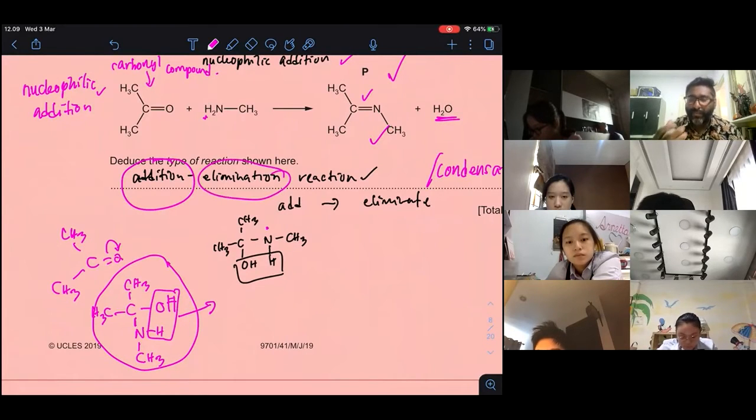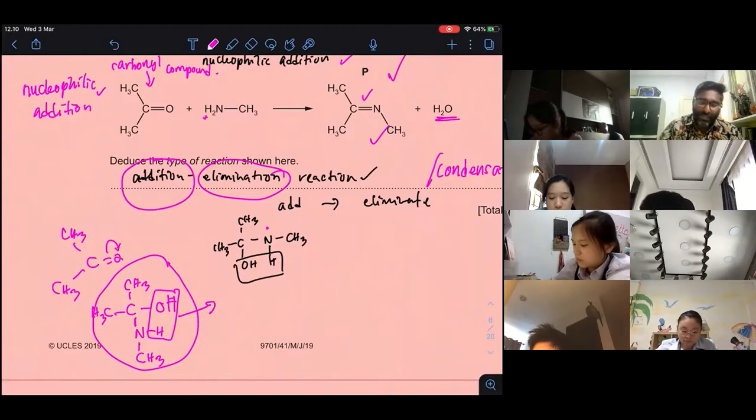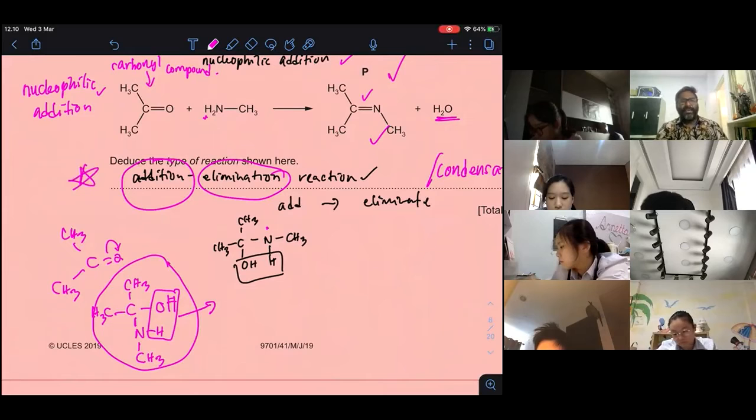So there is a type of reaction that you need to know, which is the addition-elimination reaction. Very rarely do they ask, but when they ask, they really want to test this term, addition-elimination reaction.